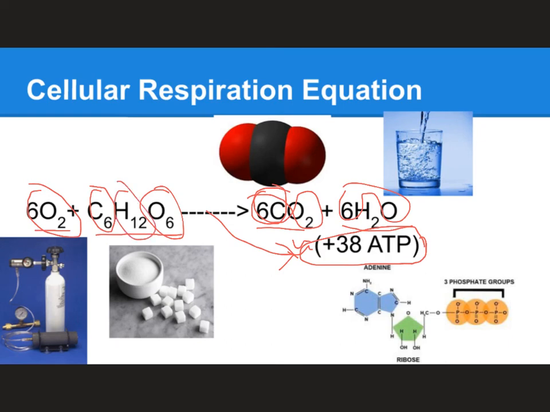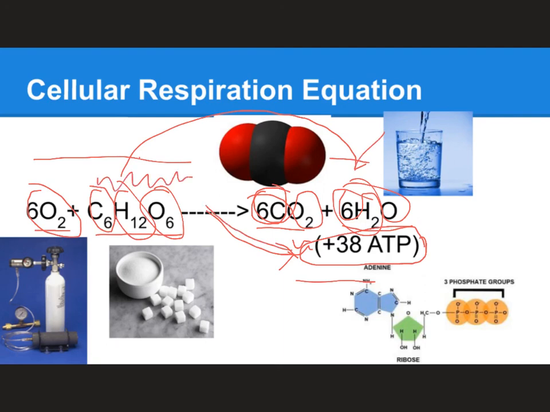And then 12 hydrogens, 12 hydrogens. Every atom is accounted for. So we can see that the atoms in the glucose and oxygen did not become the atoms in the ATP. These atoms just got rearranged into this stuff, but the energy that was in here has been removed and used to make the ATP.